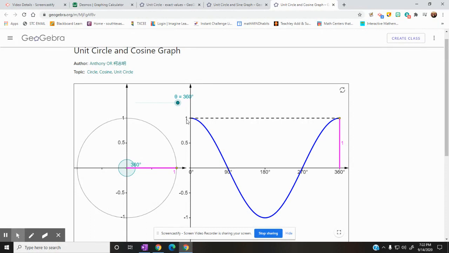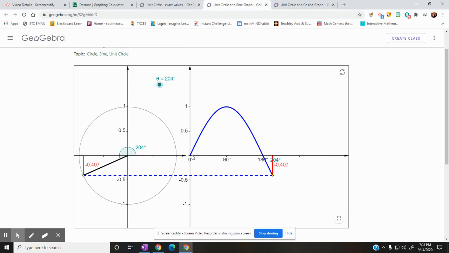So a lot of kids will get confused with this. They think it starts at 1, goes to -1, and that's the period. No, no, no. The period is where whatever number it starts at, it has to come back to that number. So it goes down to -1 and then comes back up. So this would be one full cycle or one full period. Same thing here.